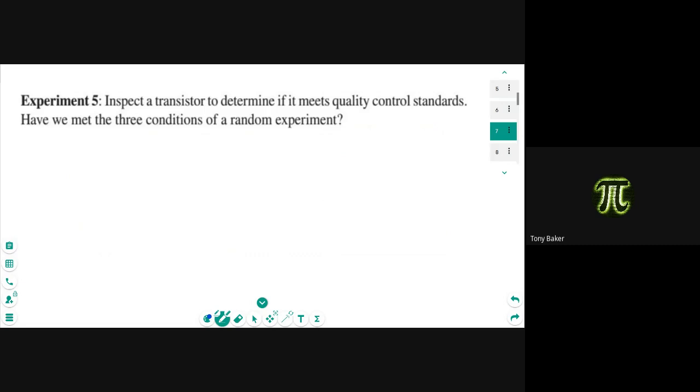If it meets it, we're good. If it doesn't, we're throwing it away. Do they know the outcome before they look at it? No. So it meets that. And the sample space is: meets or fails.